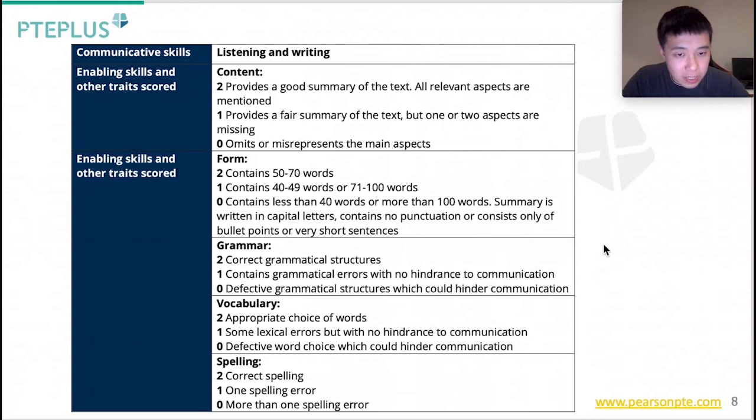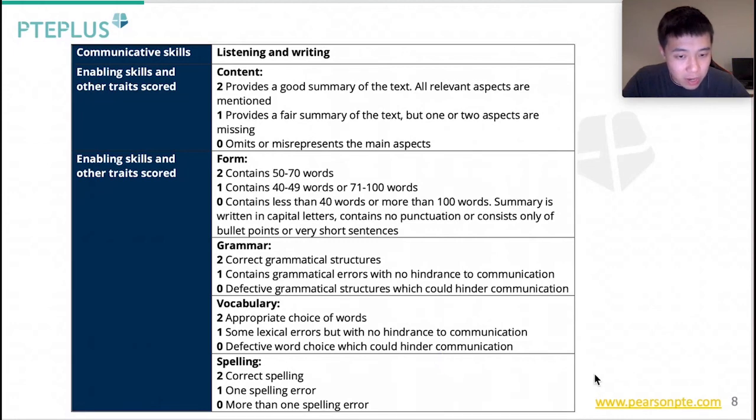Obviously, and you should avoid using very short sentences or bullet points. And then, as we mentioned earlier, grammar and vocabulary only require you to use correct or appropriate choice of grammar or vocabulary.